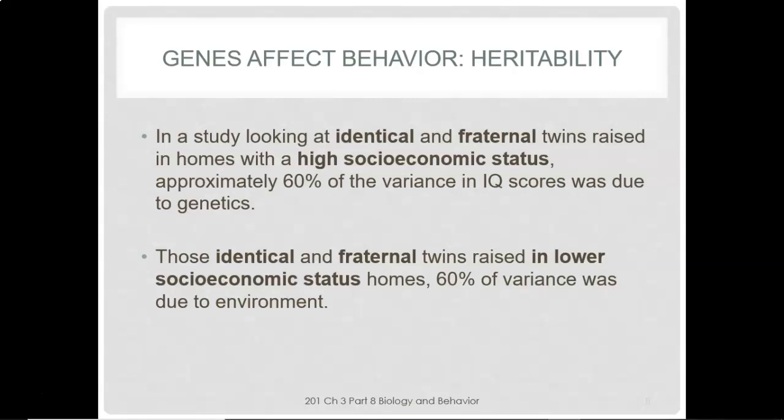And these differences show a significant impact on the variance of intelligence between identical and fraternal twins raised in high socioeconomic status and those raised in lower socioeconomic status. So the variance seen between identical twins and fraternal twins was due either to high or low socioeconomic status.